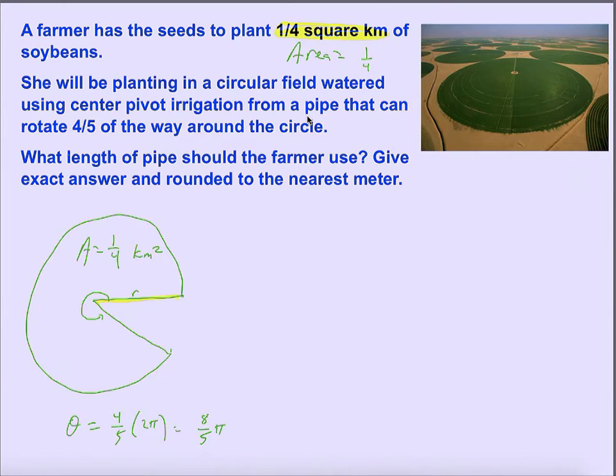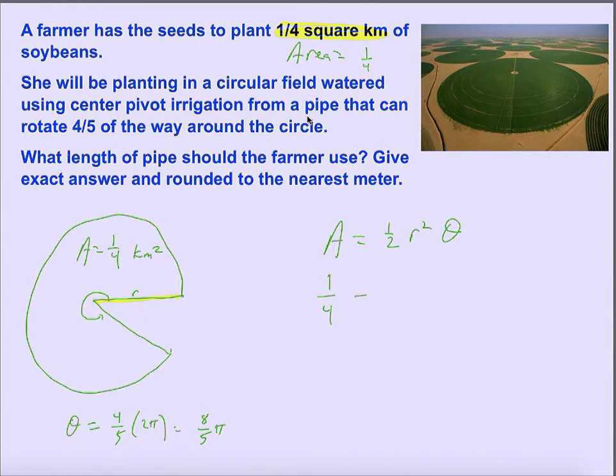So we've got our formula for this. Area equals 1/2 r squared theta. And so we can just fill in what we know. We know her area is 1/4 of a square kilometer. And again, you can choose to use units the entire time, or you can just always think about what kind of units fit the final answer.